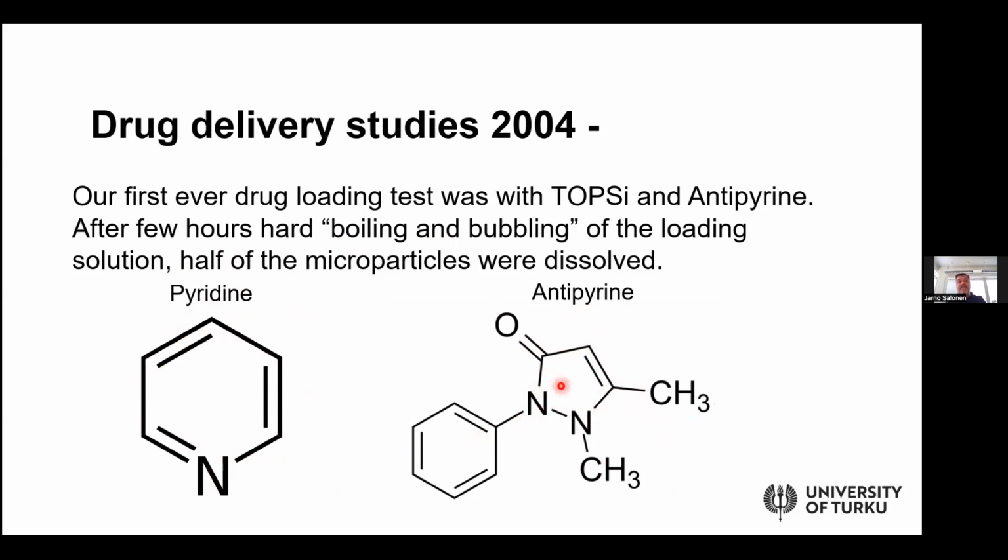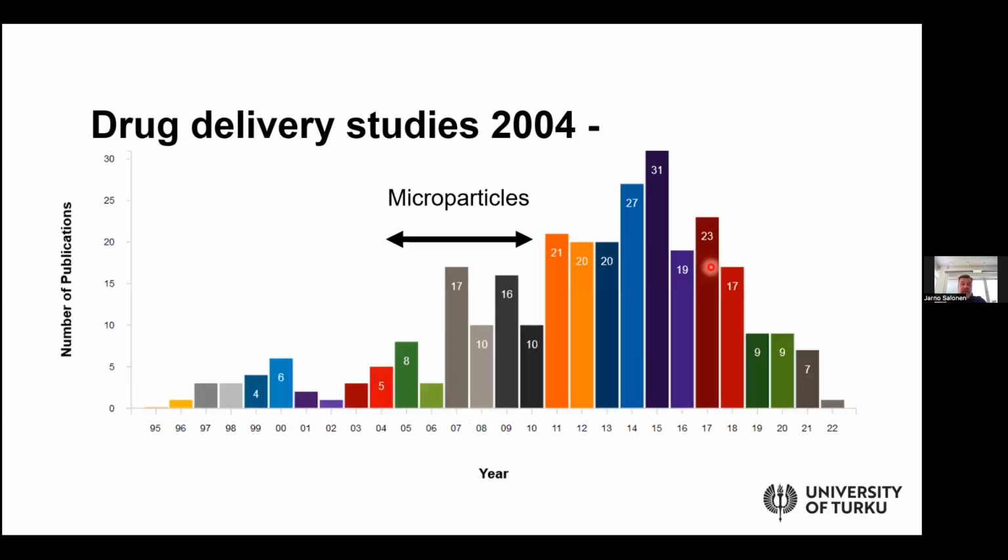These kinds of benzene rings, if there is some nitrogen, are always very bad for porous silicon. But thank God we didn't give up at that stage. Instead, we moved on to the thermally carbonized microparticles, and they were so stable we managed to load even antipyrine inside these particles.